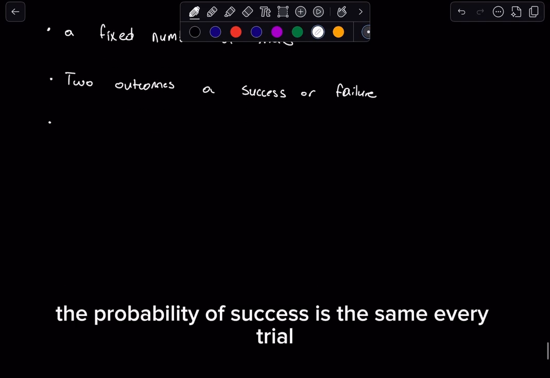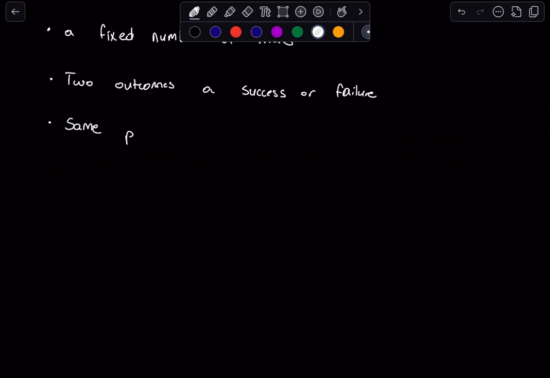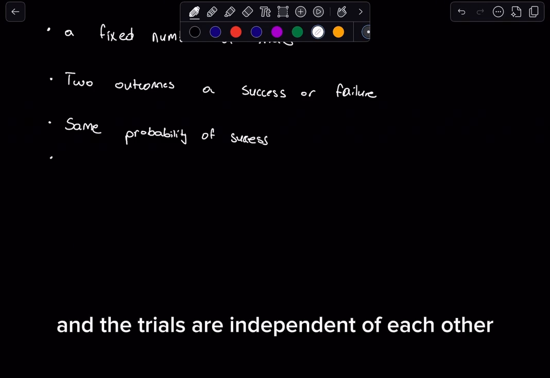The probability of success is the same every trial. And the trials are independent of each other.